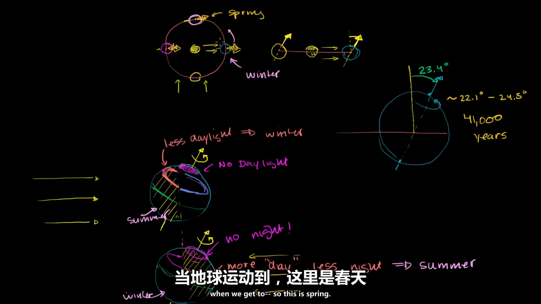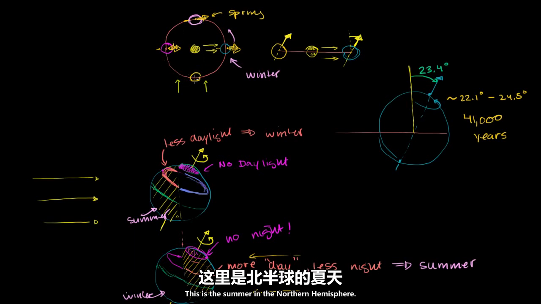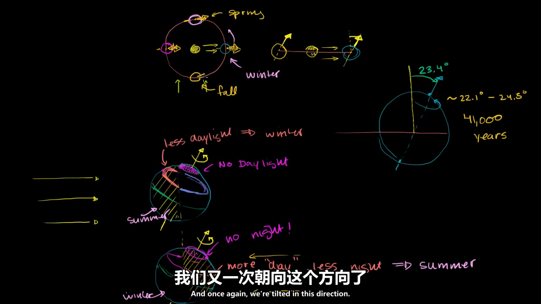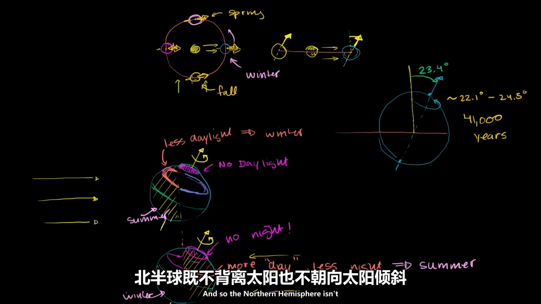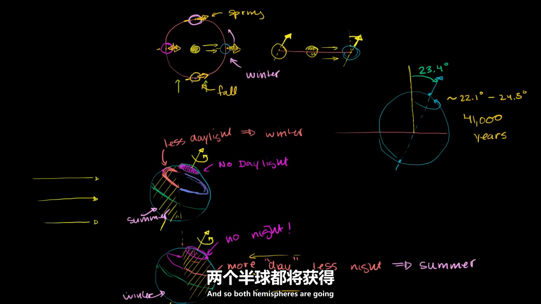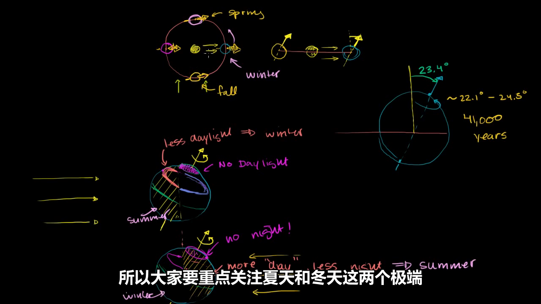So this is the spring, this is the summer in the northern hemisphere. Now this will be the fall in the northern hemisphere. And once again, we're tilted in this direction, so the northern hemisphere isn't tilted away or towards the sun. And so both hemispheres are going to get the same amount of radiation from the sun. So you really see the extremes in the winters and the summers.